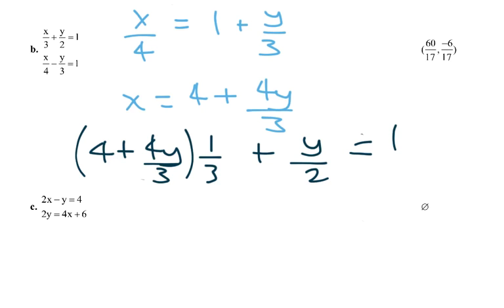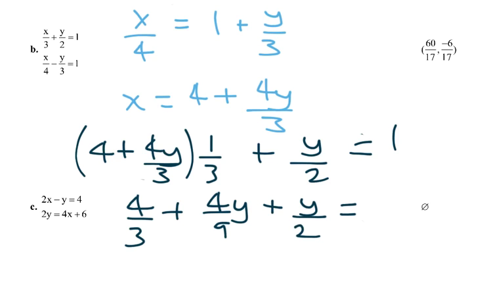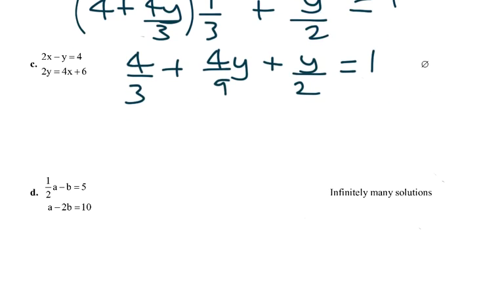And if you expand this bracket then, 4 over 3 plus 4 over 9y plus y over 2 is equal to 1. Subtract the 4 over 3, minus 4 over 3, and then add together 4 over 9y plus y over 2.